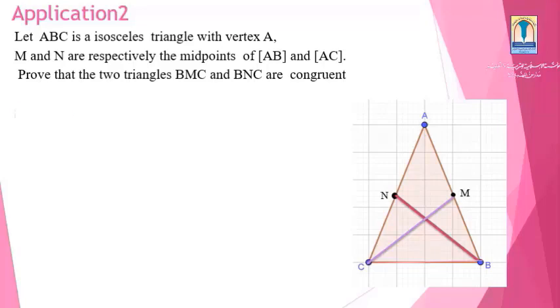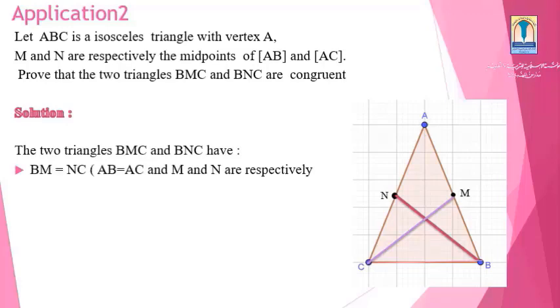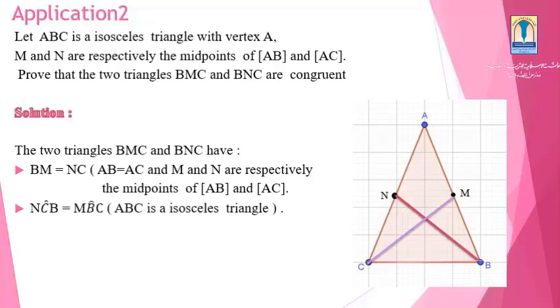This is our solution. The two triangles BMC and BNC have side BM equal to side NC, since AB is equal to AC, and M and N are respectively the midpoints of sides AB and AC. Angle NCB is equal to angle MBC, because triangle ABC is an isosceles triangle.